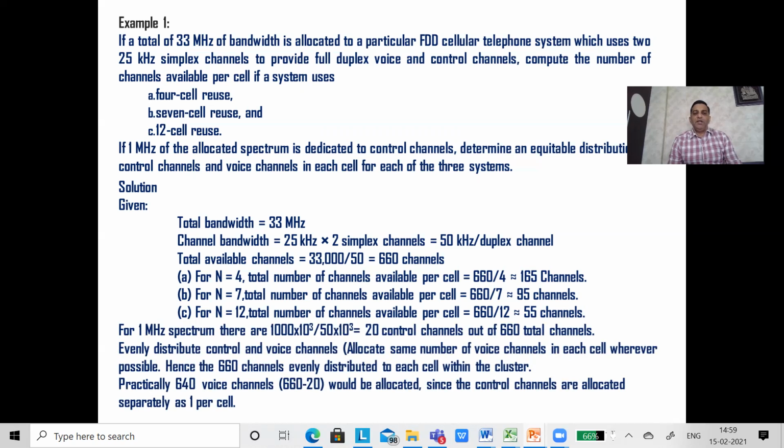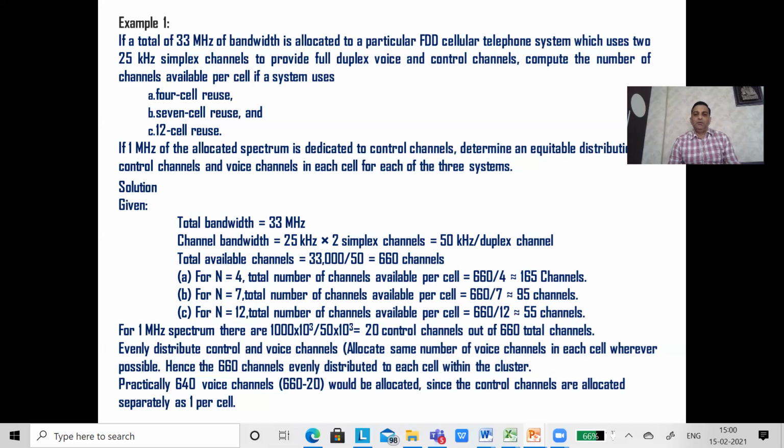Here it is also mentioned that if 1 megahertz of allocated spectrum is dedicated to control channels, we have to determine the equitable distribution of control channels and voice channels for every system mentioned, system A, system B and system C. So basically in a cellular communication system we will come across channels divided into two parts, voice channels and control channels.